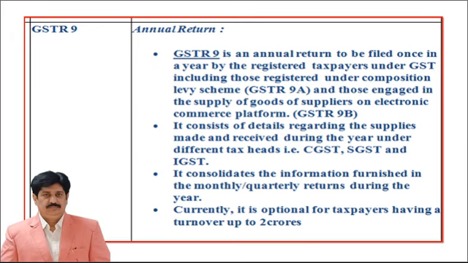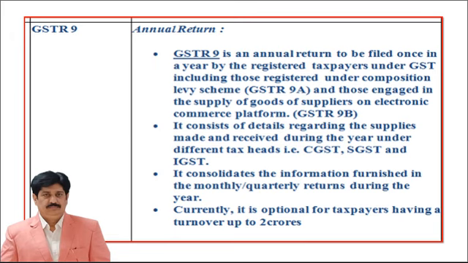It is to be filed once in a year by a registered taxpayer under GST, including those registered under the composition levy scheme. They are required to furnish GSTR 9A, and those engaged in the supply of goods or supply on an electronic commerce platform, we can say Amazon and all like that, such kind of businesses are required to submit GSTR 9B.